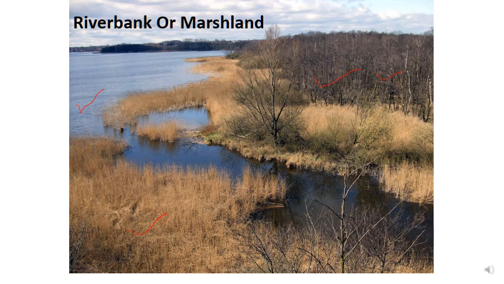An ecotone is the zone where two communities meet and integrate. For example, a mangrove forest represents an ecotone between marine and terrestrial ecosystems, and a riverbank or marshland represents an ecotone between dry and wet ecosystems.